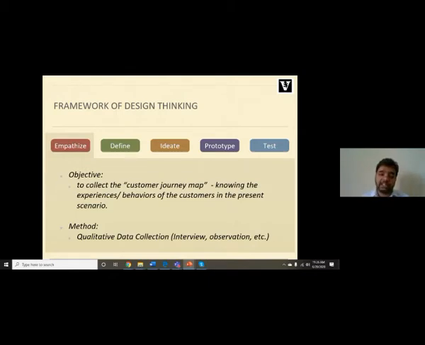So how do you create it? There are several methods to dig deeper into our customers' and users' minds and behaviors. The most popular is qualitative methodology, which involves interviews, observing our users, and so forth.